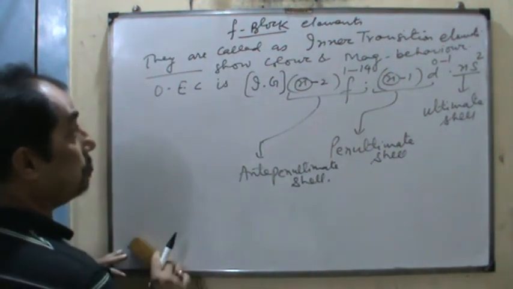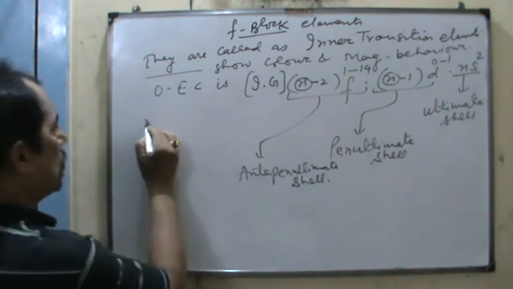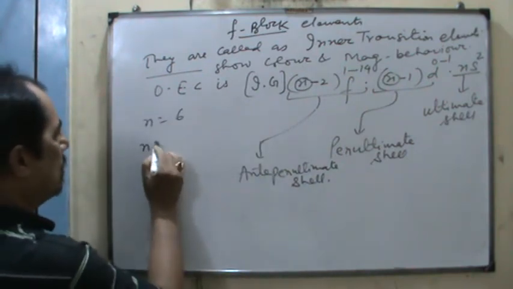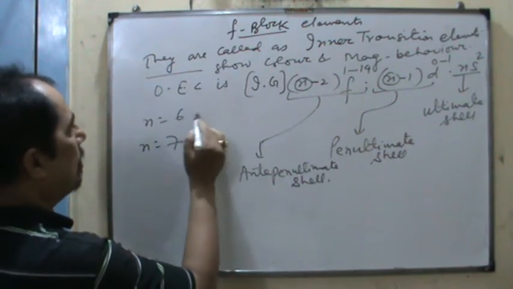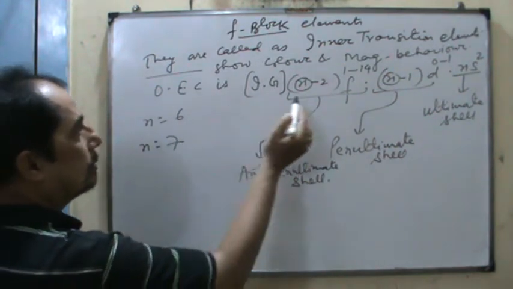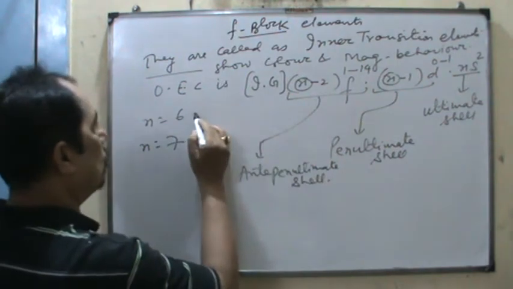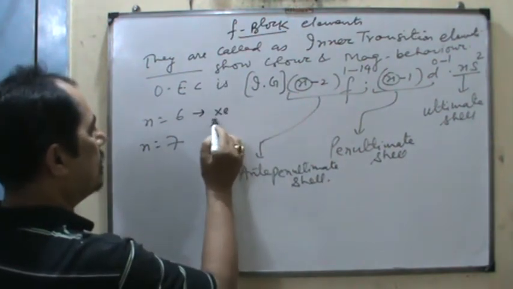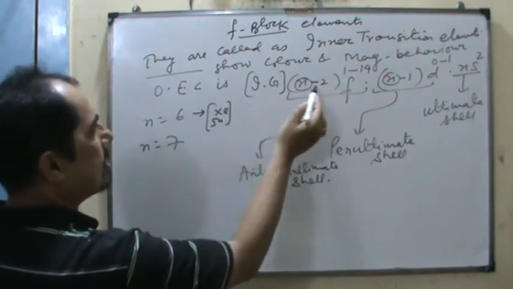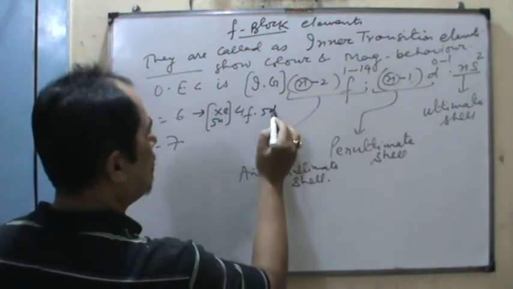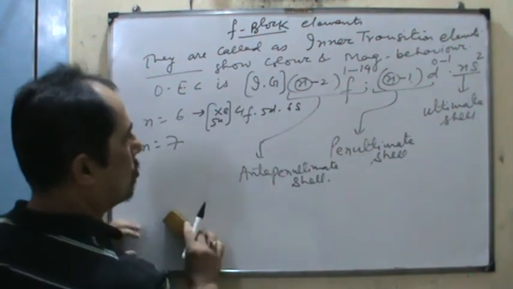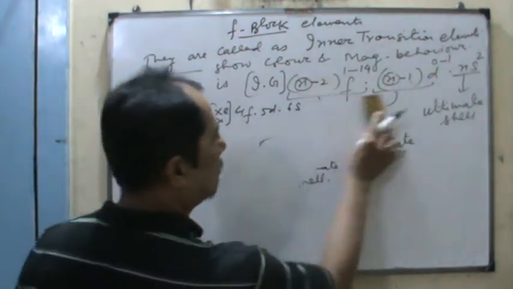Right. So n starts from the 6th period as well as what period? 7th period. The 6th period is the lanthanide series. That is 6 minus, the xenon is here. You can write here xenon, 6 minus 2 4f, 6 minus 1 5d and 6s. This is the formula of the lanthanide series.